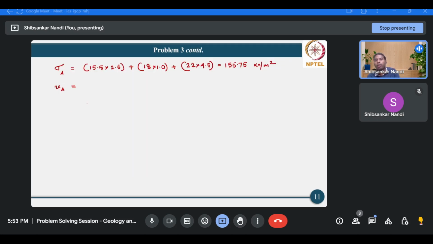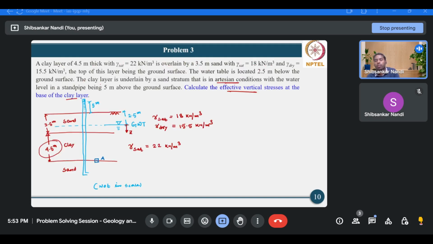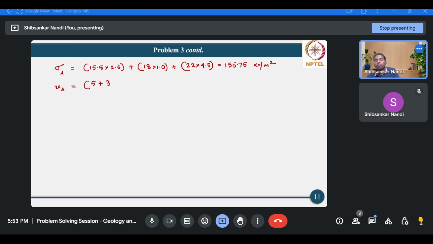Okay, so how are we getting 5 plus 8? Because this 5 meter is above the ground surface, the water table rises above the ground surface by a height of 5 meter, and this is the total thickness of the sand and clay, 3.5 plus 4.5. Okay, and this multiplied by 10.